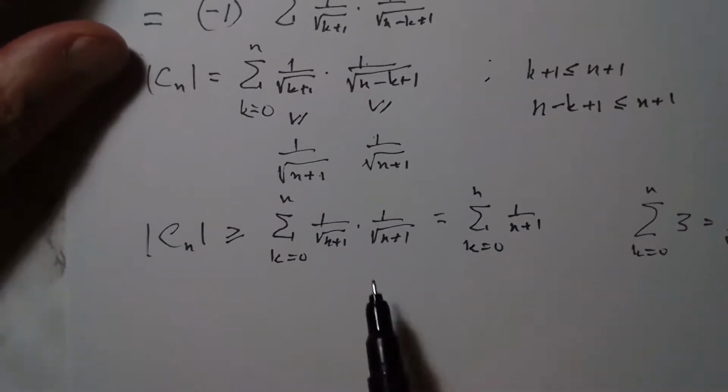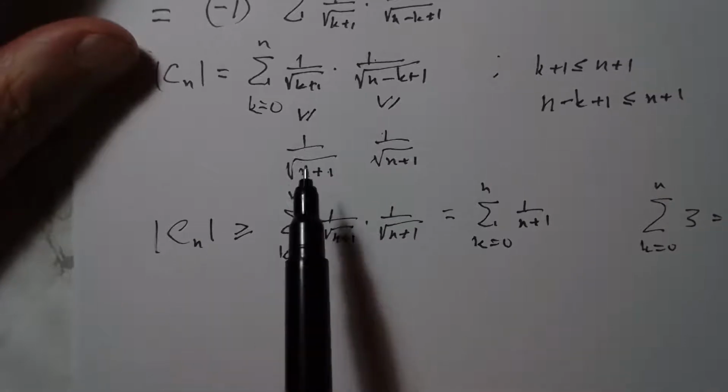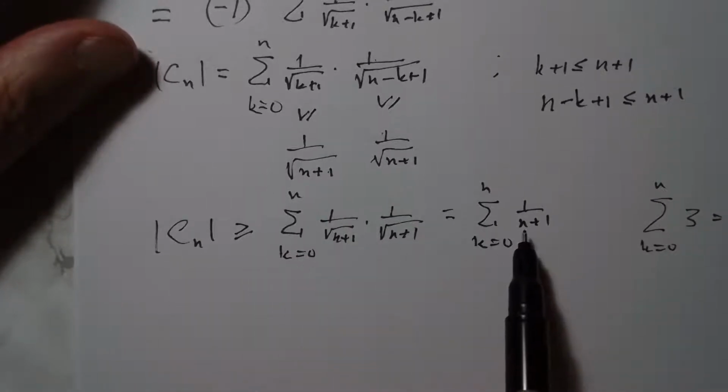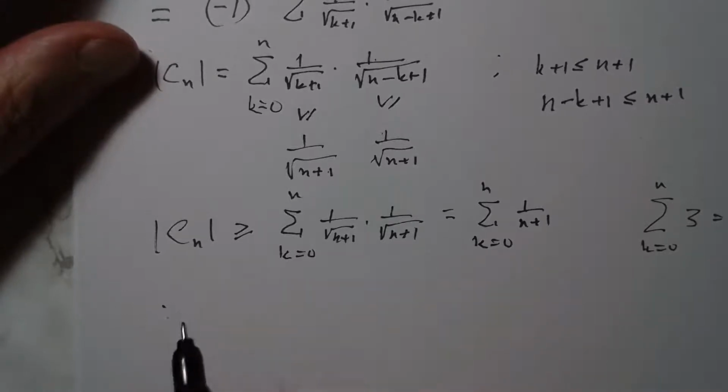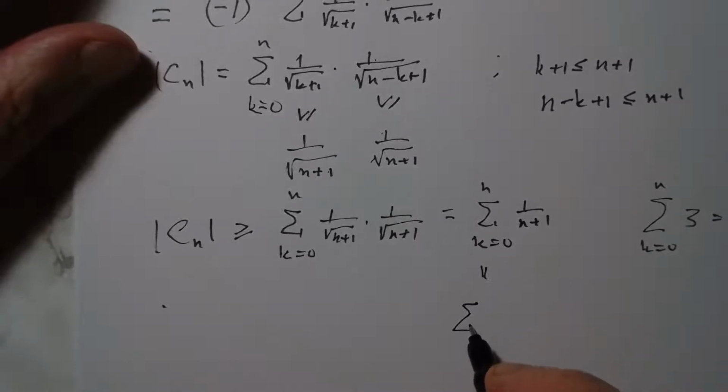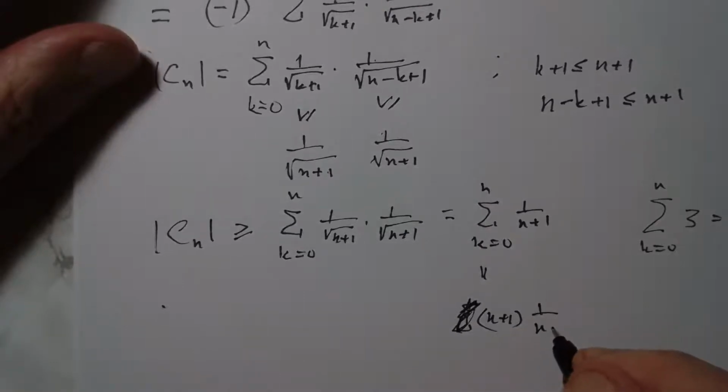Similarly in here, when I'm adding those terms which have nothing to do with k, I'm just taking this number and adding it to itself n plus 1 times. And so as a result, this quantity is equal to n plus 1 times 1 over n plus 1, which is equal to 1.